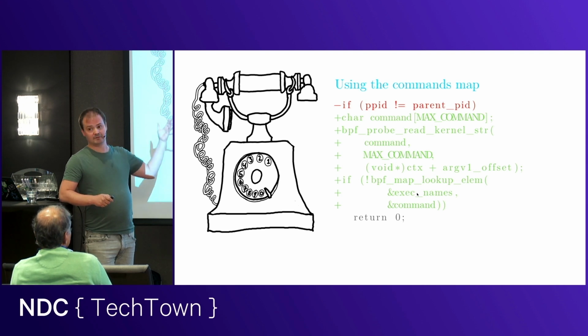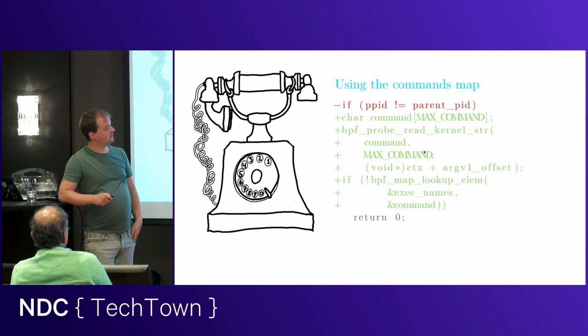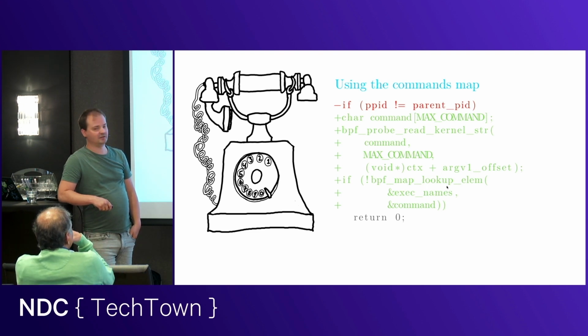So instead of checking the parent PID with the PPID, I read in the command that's been exec'd, just like I did before. I just push that further up in the function, and then I check: can I look up this element? Does this element exist in my map?